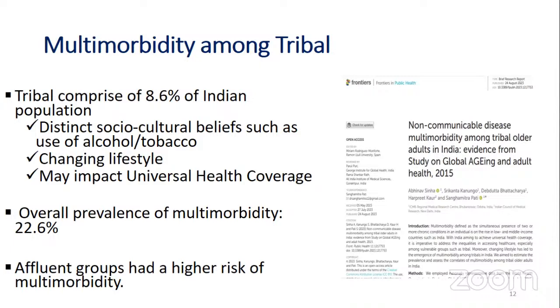And here again, interestingly, we saw that affluent groups had a higher risk of multimorbidity. Similar to what we observed in the urban poor, where those who had health insurance had a higher risk of multimorbidity, here affluent groups had a higher risk, which suggests that they were able to pay, were able to seek care, hence they knew the status of their conditions or diseases, and they were able to report, since this is also based on secondary, self-reported data.